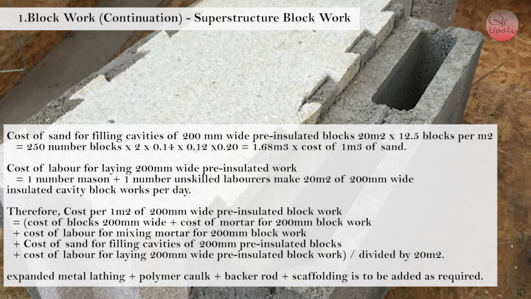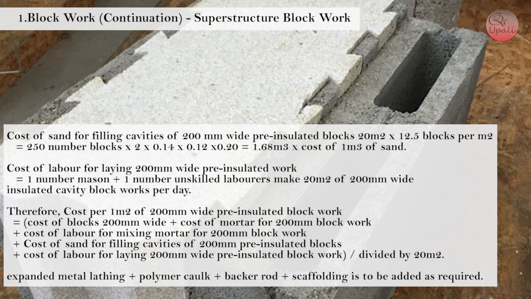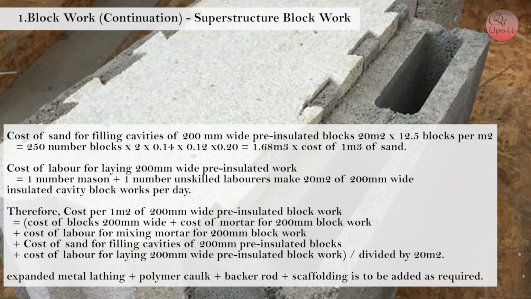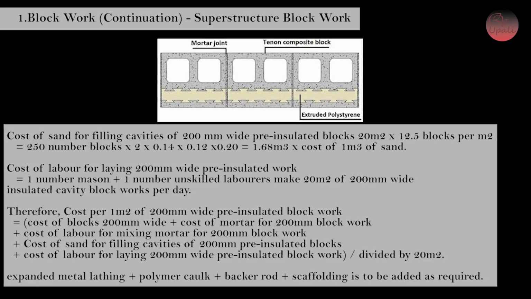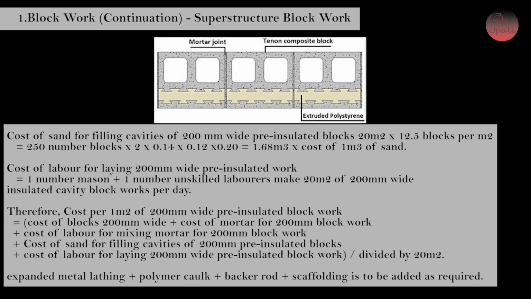into cost of 1 m³ sand. Cost of labor for laying 200 mm wide pre-insulated work equals 1 mason plus 1 unskilled laborer to make 20 m² of 200 mm wide insulated cavity block work per day.